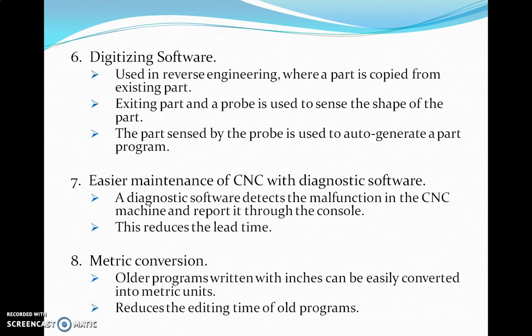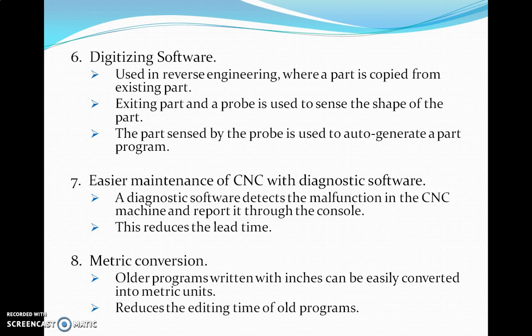Just imagine in a conventional NC machine, an engineer will come and check the machine, and he will start by checking one part after another, and it will take a lot of time to diagnose that particular problem. But here the computer will tell you which part has the malfunction. So I am reducing my time in identifying the problem. So this of course reduces my lead time.